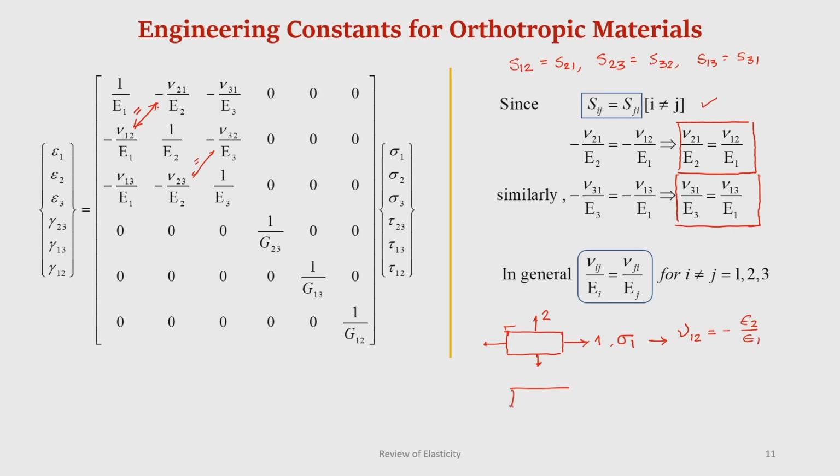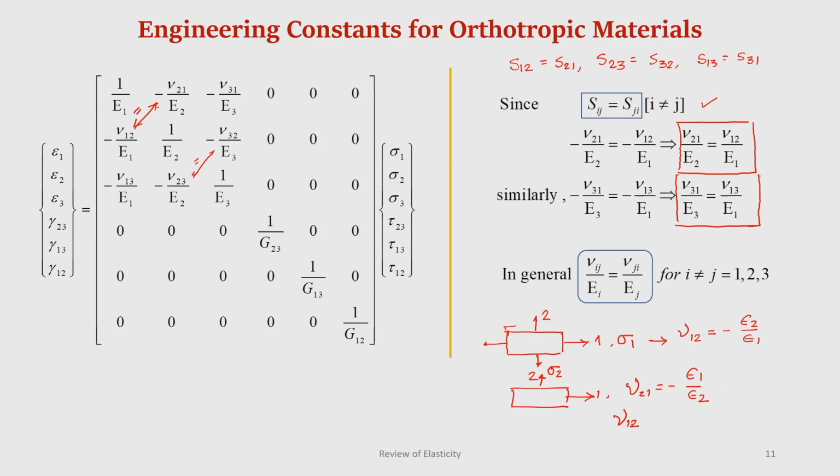Suppose if we apply only sigma 2, then nu 21 is equal to minus epsilon 1 by epsilon 2, and they are related.